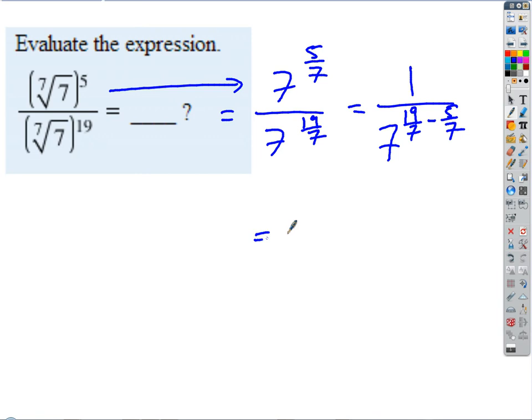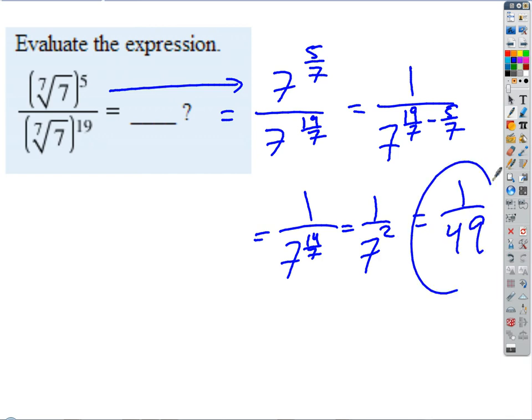Right? I just end up with 1 over 7 to the 14/7, which is 1 over 7 squared. Am I done? 49. Yeah, 7 squared is a number, that's 49. Okay.